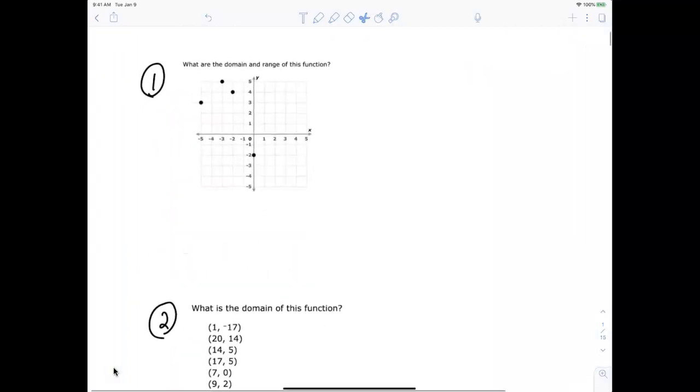Alright, question number 1, it just says find the domain and range. For those of you who forgot, remember the domain is just the set of x coordinates of the relation.